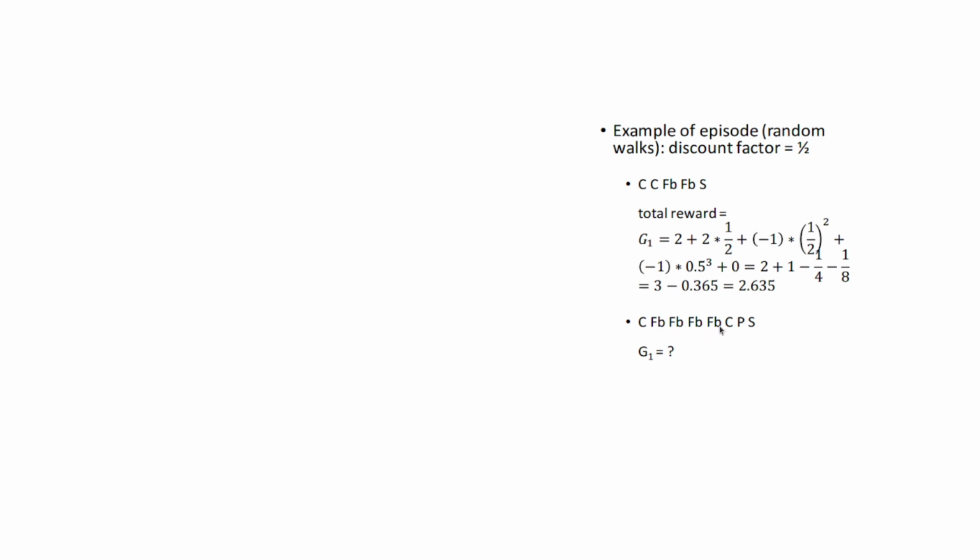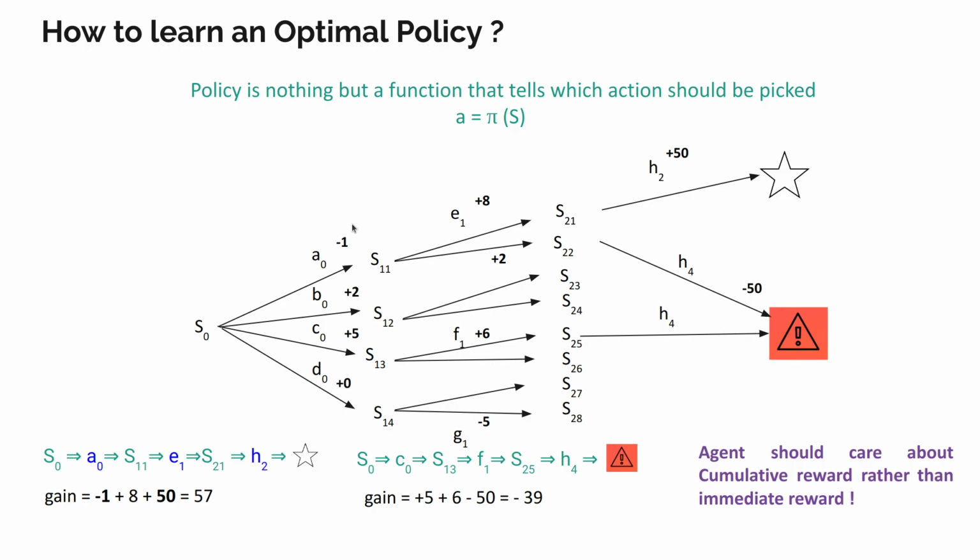Again, for this one, how do we learn an optimal policy? You are at S1. This is a very important slide. You are in S0. You had 4 options: A0, B0, C0 and D0. If you see locally, you will say the best action is C0. I'll take C0, but this is not the optimal action, because if you take S0, C0, you will reach S12, and from S12 you have this option.